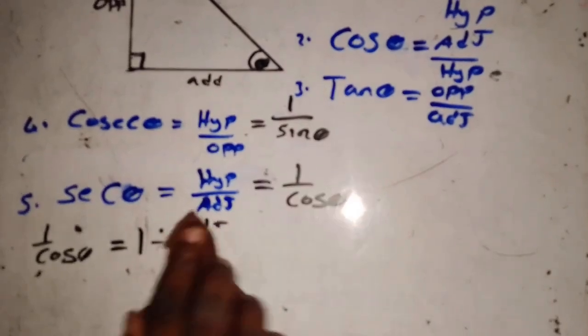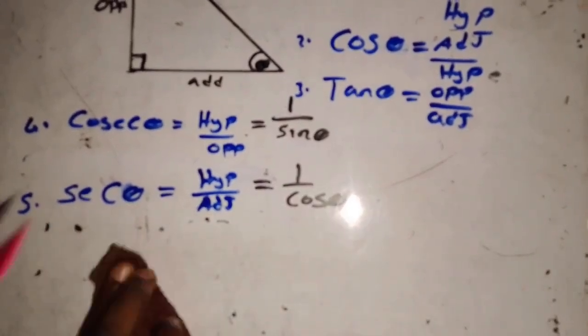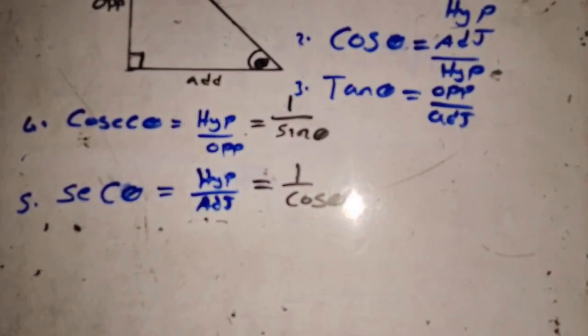Okay, and the last one is cotangent. The abbreviation for cotangent is cot.